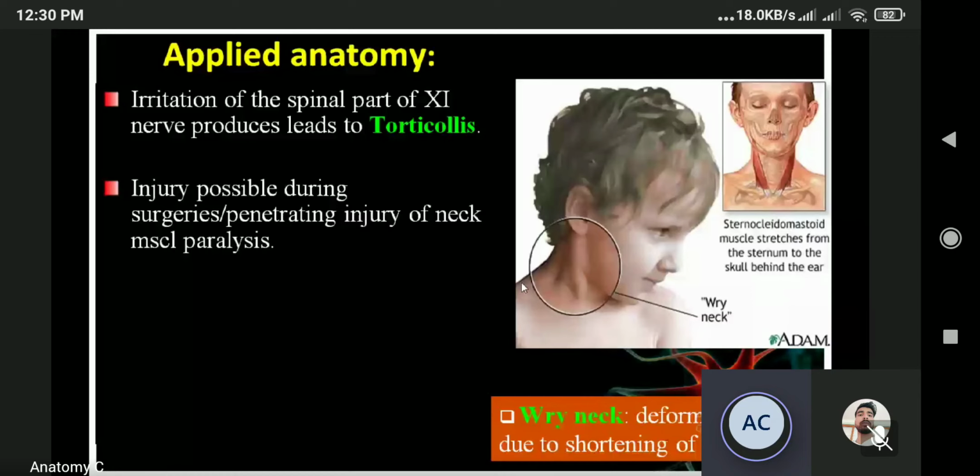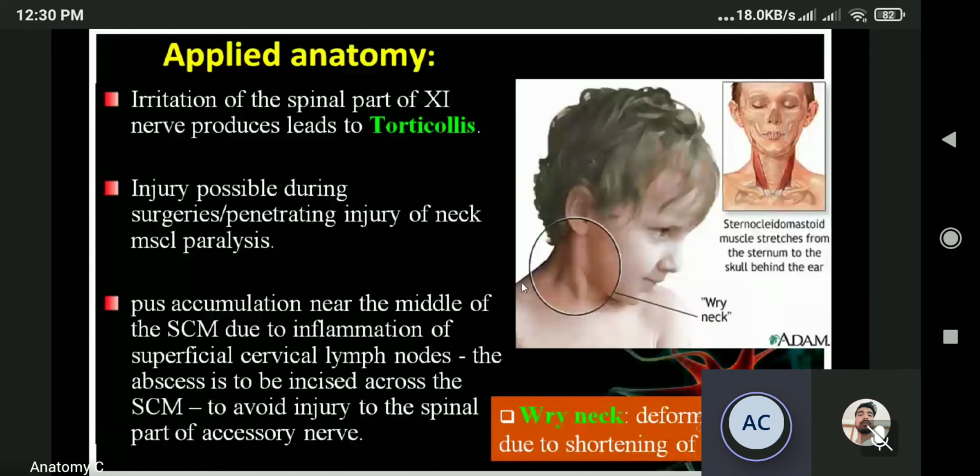Now, injury may be possible during surgery. The injury to the accessory nerve may be during surgery, or a penetrating injury of the neck, causing muscle paralysis. Now you can see over here, there is pus accumulation near the middle of the sternocleidomastoid muscle due to inflammation of the superficial cervical lymph node.